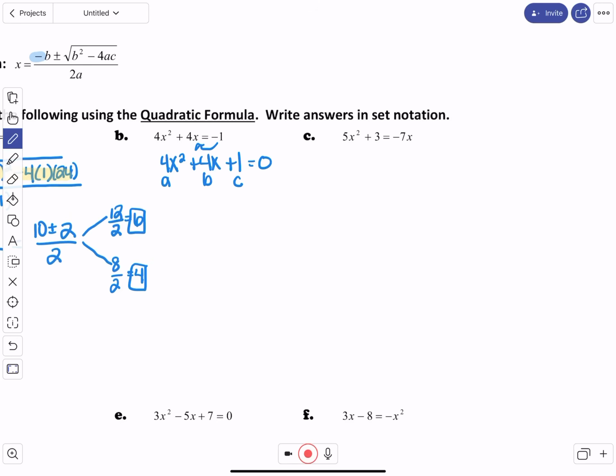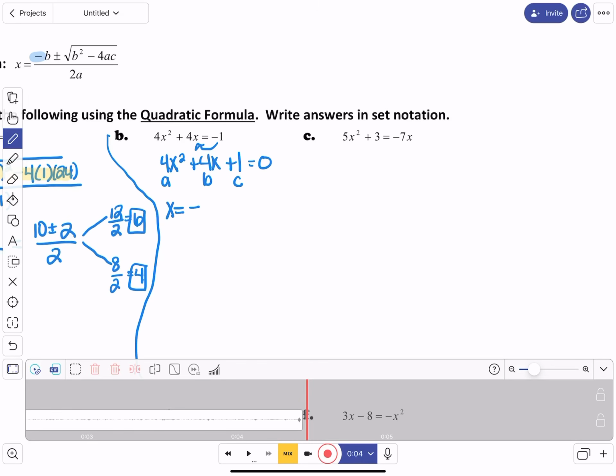So now my first step is to plug into quadratic formula. So let me just draw this line here. Keep everything separated. So x equals negative B. Whoops, I'm not sure what happened there.